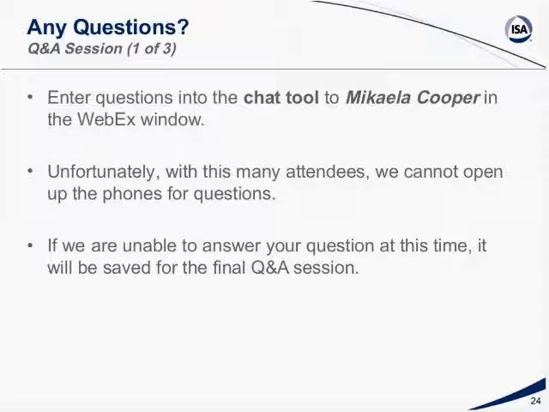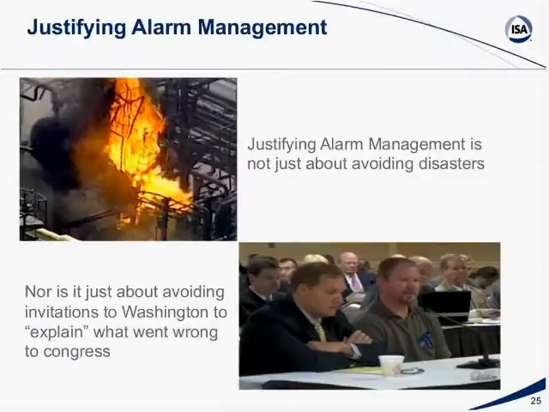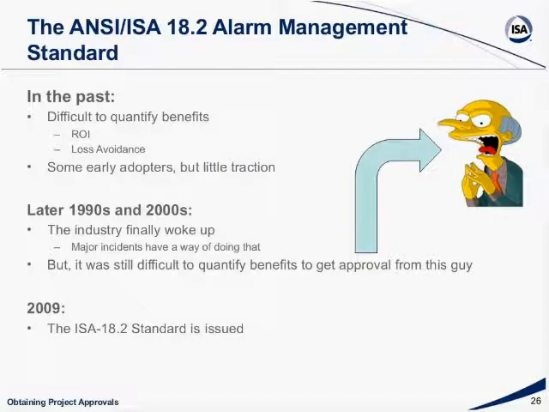Okay, we've got our philosophy in place. We've got to justify what we're doing. And this is the same slide as previously, but justification is now made infinitely easier thanks to ISA 18.2. In the past, how do you justify projects? Well, you have return on investment, necessary replacement, environmental reasons.